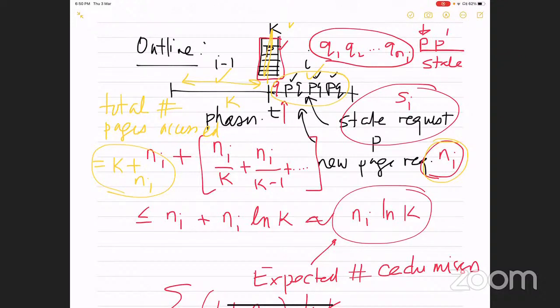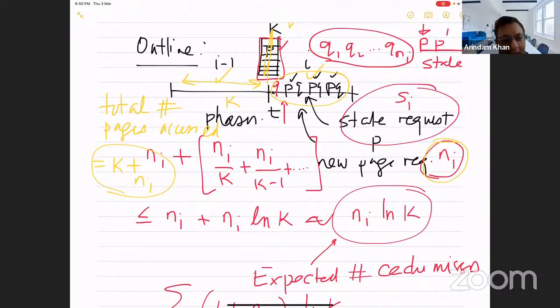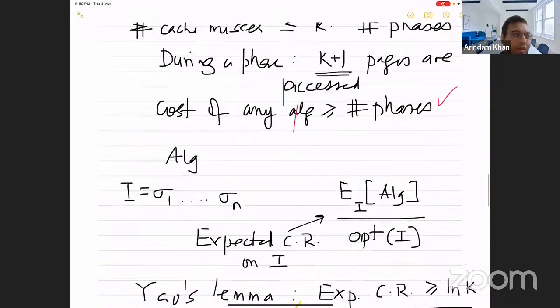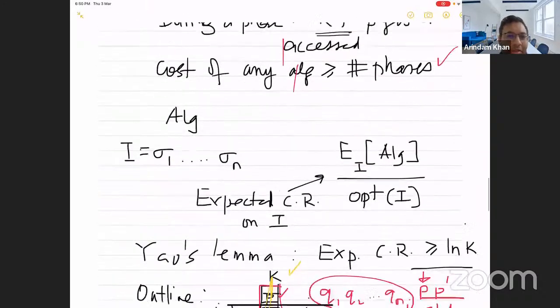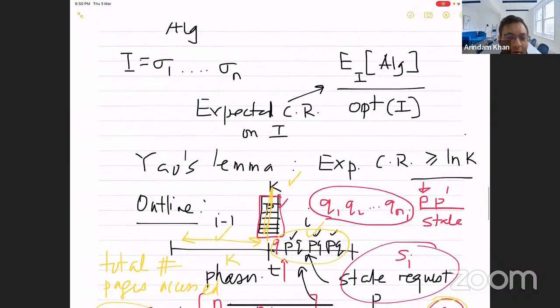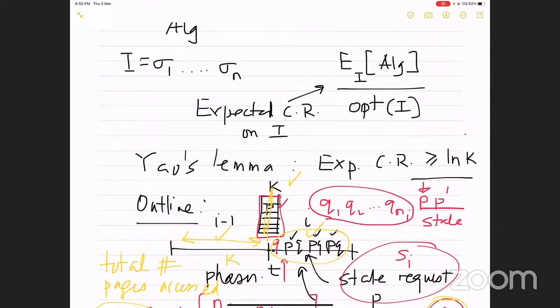Another question: as you said, the hardness is log k, but that's in the adversarial order. But if you, let's say, have random order, then is something known that the hardness is much better? So in random order also, I believe it should be log k.